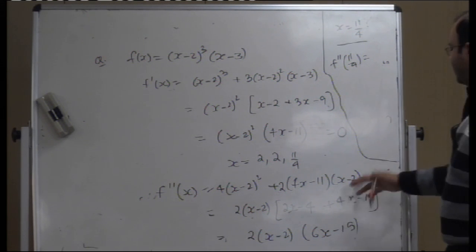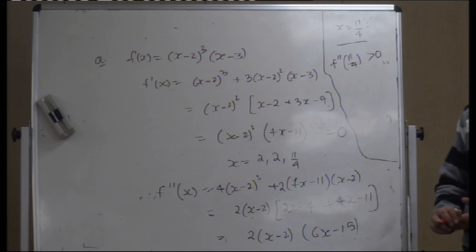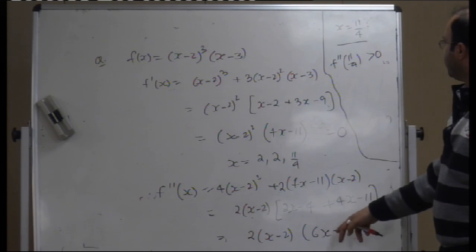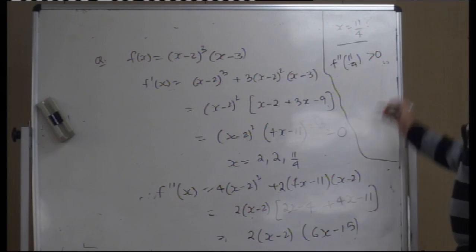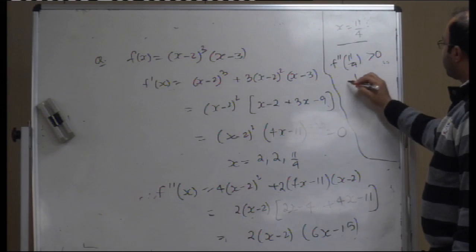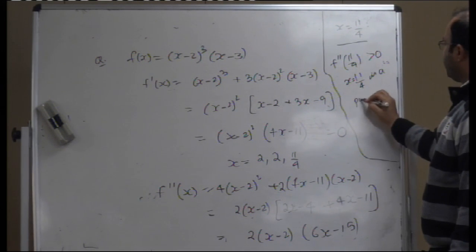So this whole thing is actually positive. This value is positive, right? So basically x equal to 11 by 4 is a point of minima for that function.